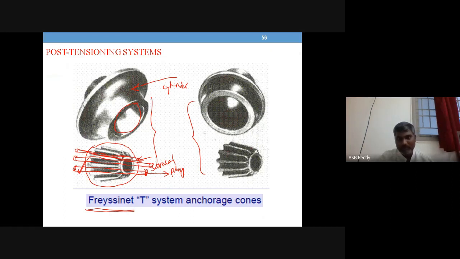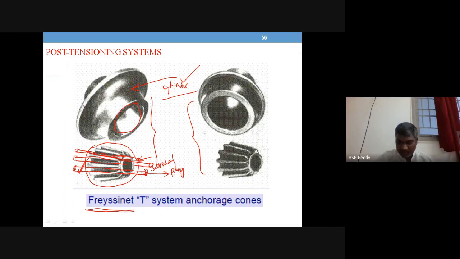Through those grooves many wires can be held in position simultaneously. The cylindrical mold is also of the type where you can house this conical plug. With grooves to house the wires, a variety of devices are available in the Freyssinet system also, right?